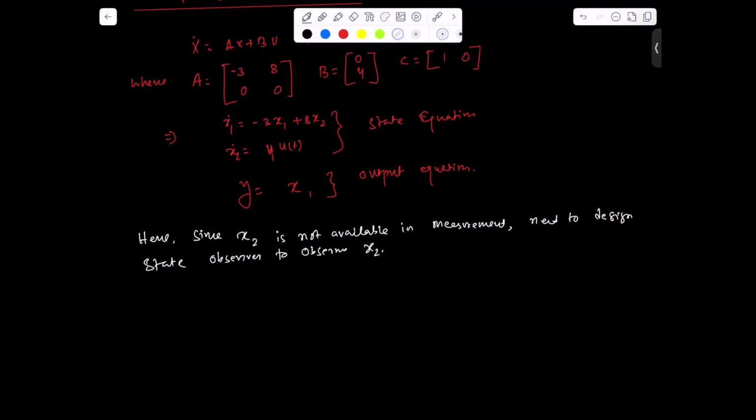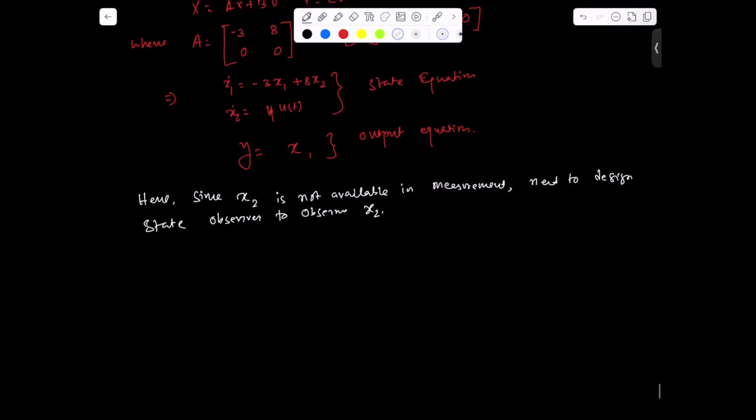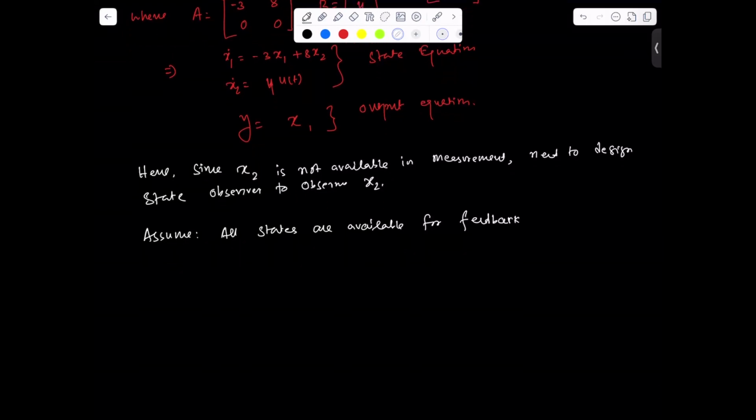To solve this, first we assume that all states are available for feedback, and design state feedback gains to meet the closed loop performance.